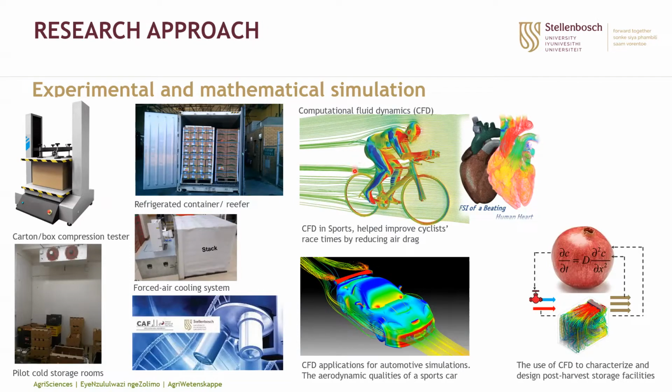And the virtual prototyping that I told you about is a well-proven method used in the sport industry, the auto industry, the medical industry, and we are trying to use it in post-harvest. The technique is proven, so we are trying to bring it here and use it to model two regions of the problem, be it the fruit and the process.